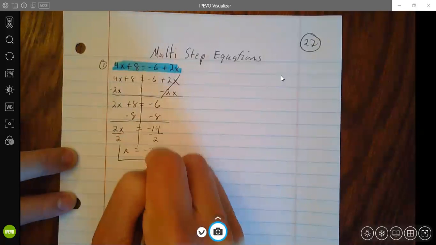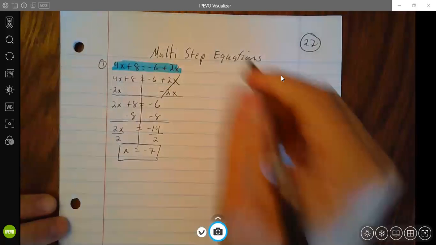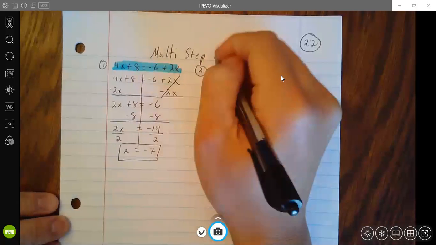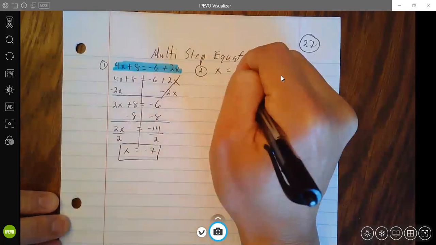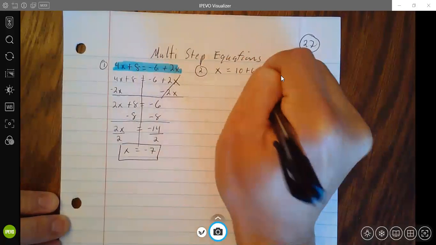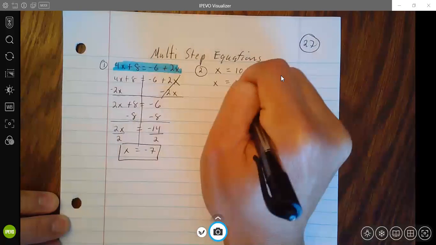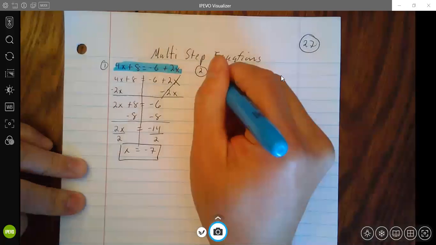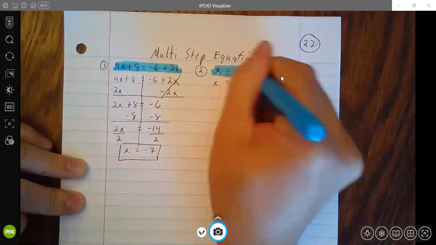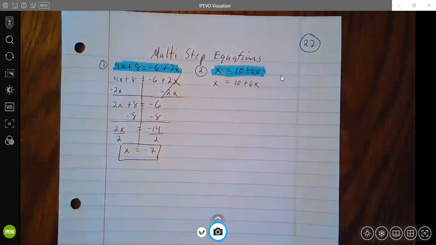Okay, so just like yesterday. And then the second one is also just like yesterday. Okay, so x equals 10 plus 6x. All right, so here's my equal sign.